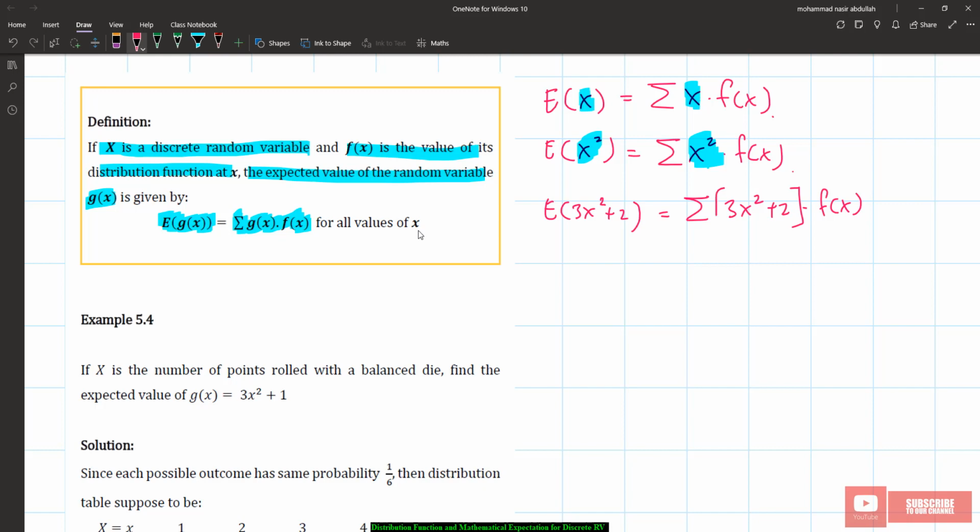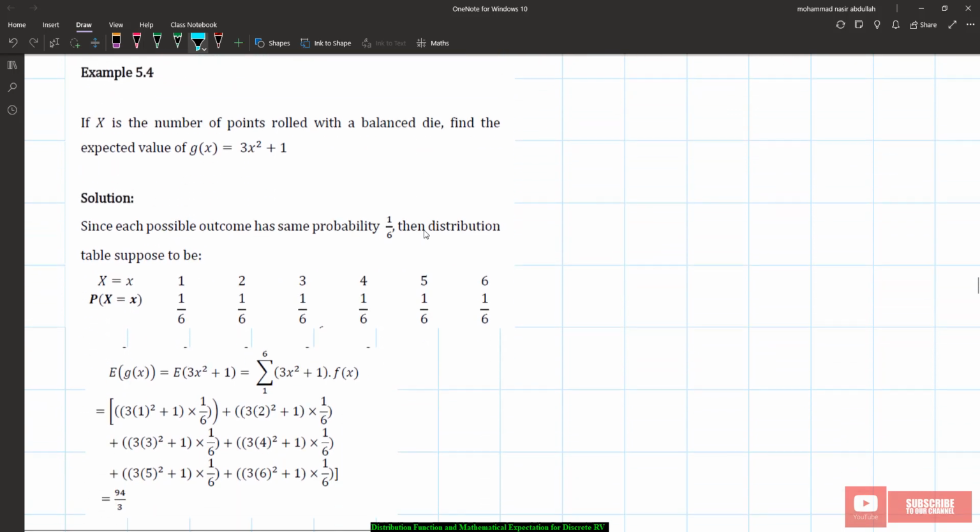So this is going to be a big bracket. So this is what the formula is trying to tell us. Whatever function we want to find the expected value of, that function will be multiplied with the probability value.